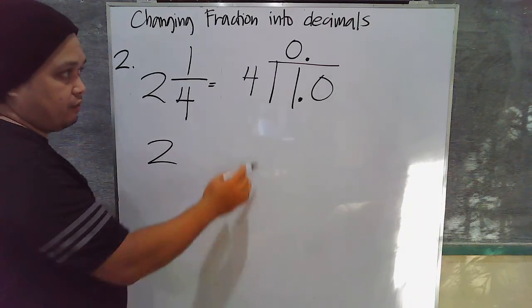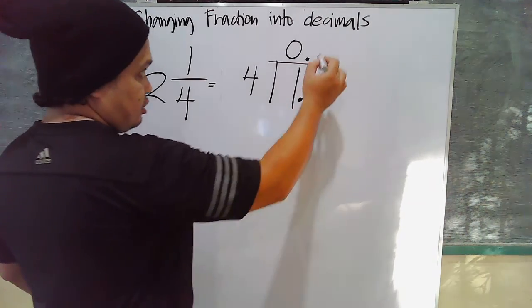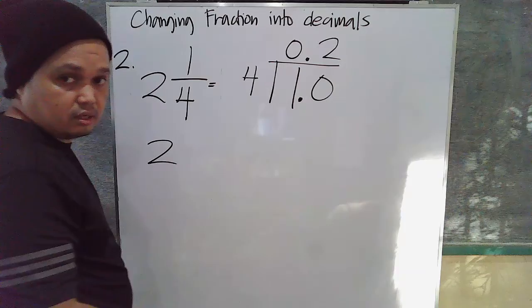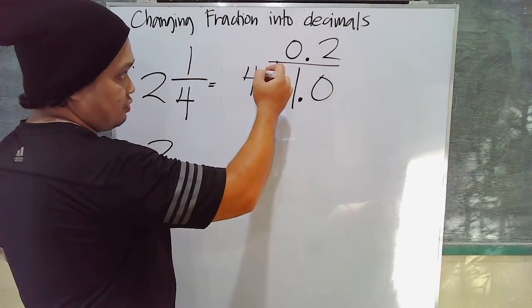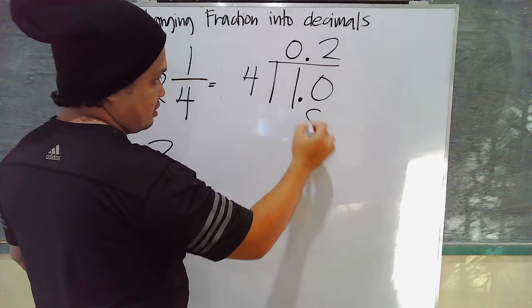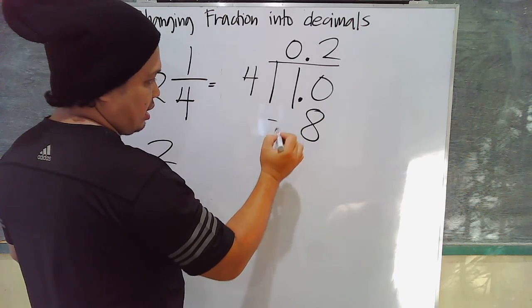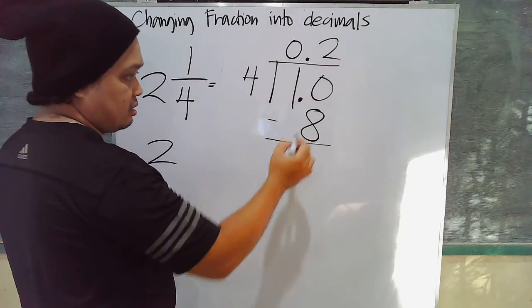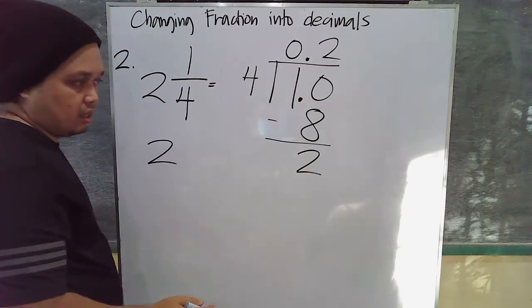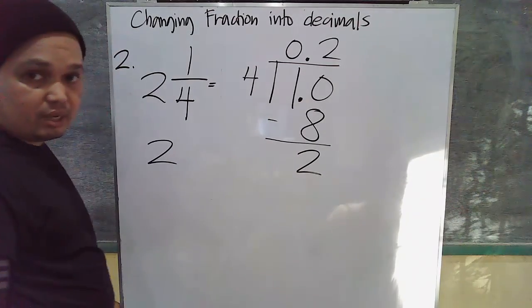How many 4 are there in a 10? There's 2. Okay? Let's multiply. 2 times 4, that's 8. Okay? And let's subtract. Okay? So 10 minus 8, that's 2. Now 2 divided by 4 cannot be.